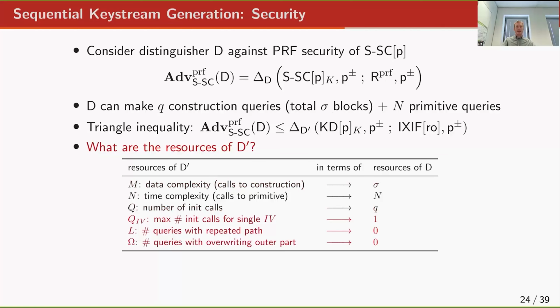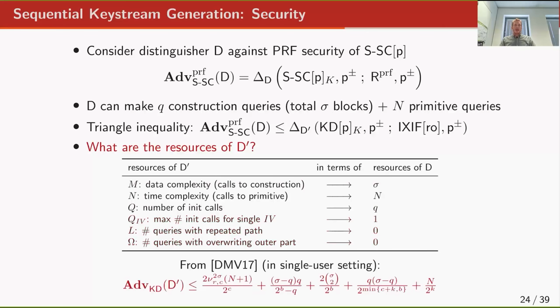Q_IV is still 1, L is 0, because the nonce is always unique, so you never have a repeating path. This gives you a slightly more complex bound, not that much more complex, but roughly you get sigma times Q over 2 to the b and sigma times Q over something. This is not a main difference. You get a very good bound for keystream generation.